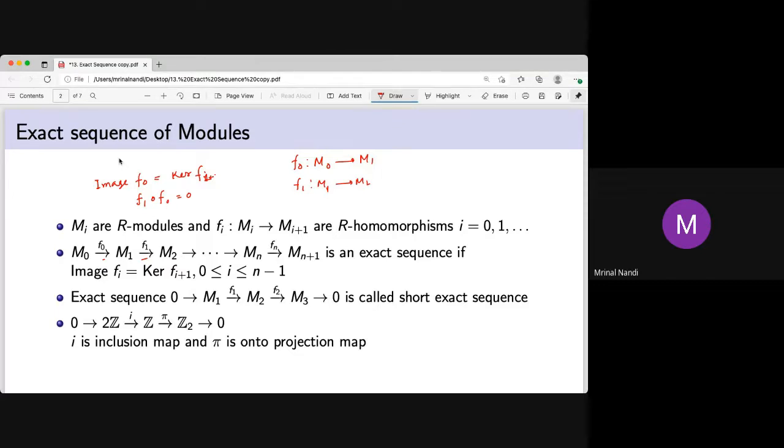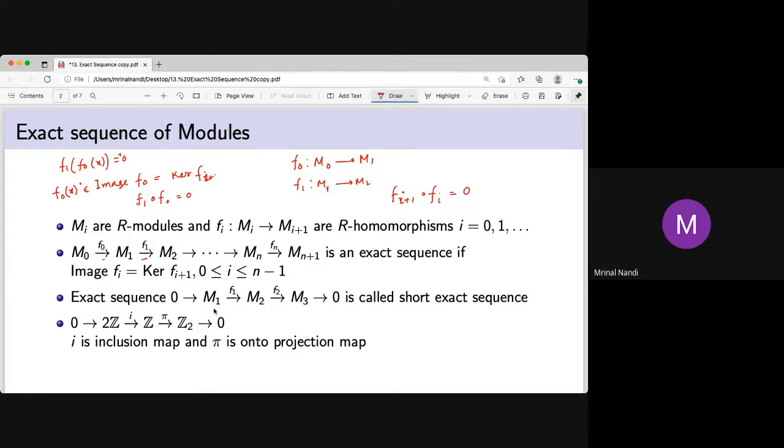So if x is in the image of f0, then it is in the kernel, so f1 of f0 of x is 0. So that means fi plus 1 composed with fi is actually 0, the null homomorphism.